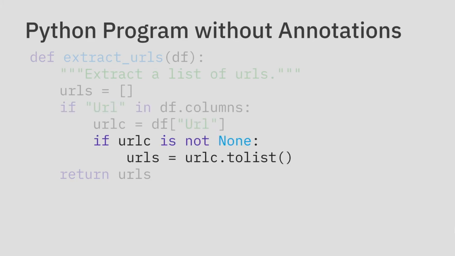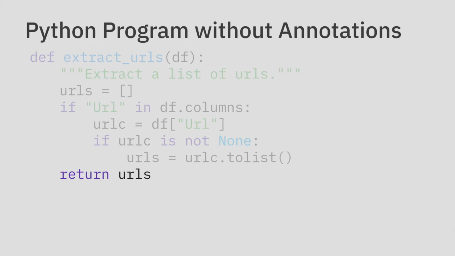If it is, it stores that inside of a variable called URLC. Now, if URLC is not none, it's going to convert URLC to a list and store it in the variable called URLs. Finally, it's going to return the URLs variable.